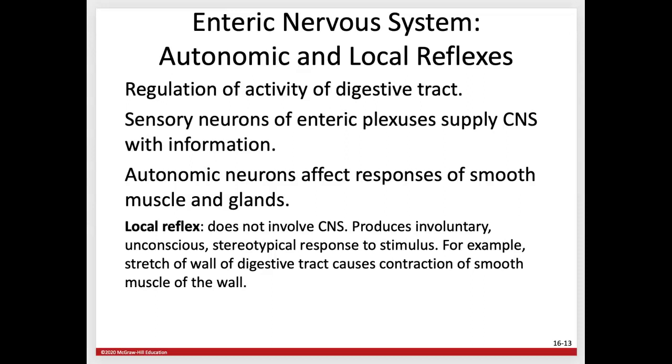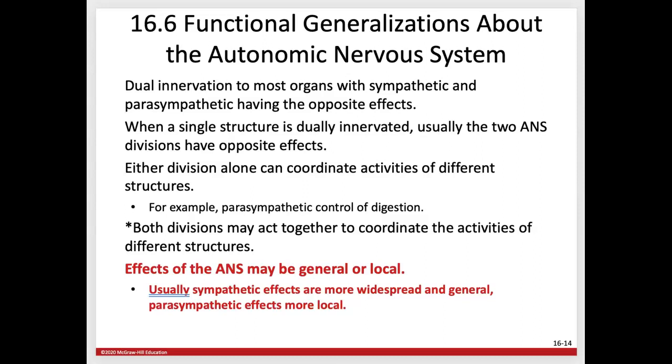I'm not going to get too excited about this. For the enteric nervous system, if you just know that it's associated with the digestive organs, that's the main thing I would like you to walk away with from this chapter. I didn't really ever teach about the enteric nervous system before we switched to this book, so I don't really get super excited about it.